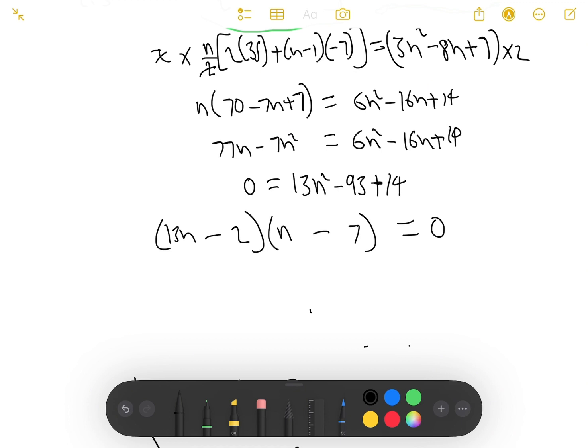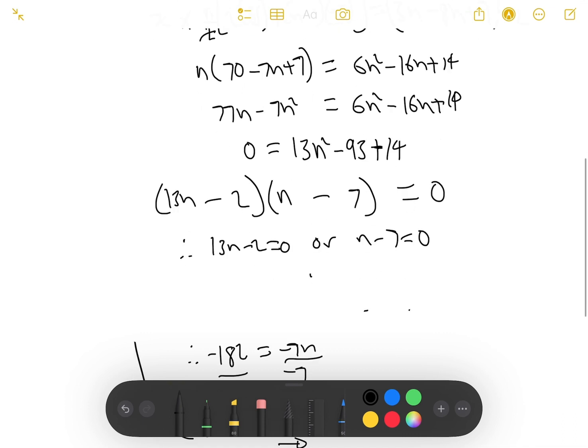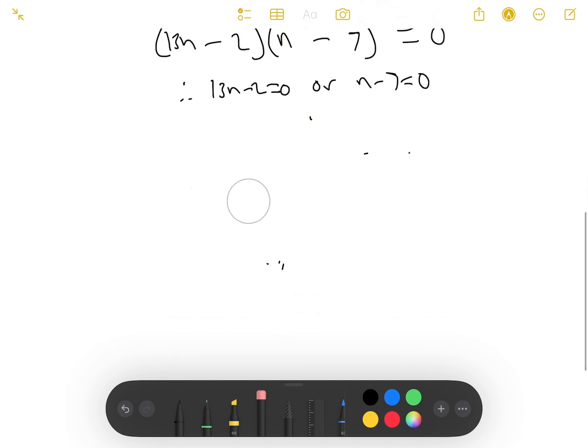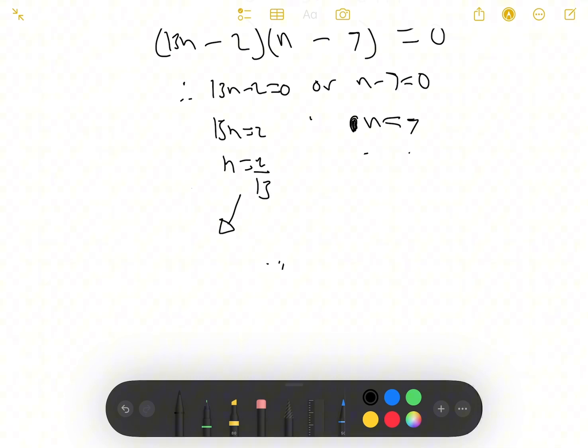And then therefore we say 13n minus 2 equals 0, or n minus 7 equals 0, of which from this we get that 13n equals 2, of which n equals 2 over 13, or this side n equals 7.